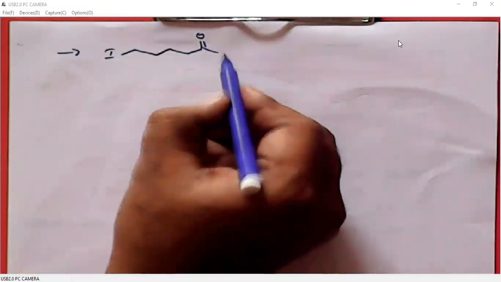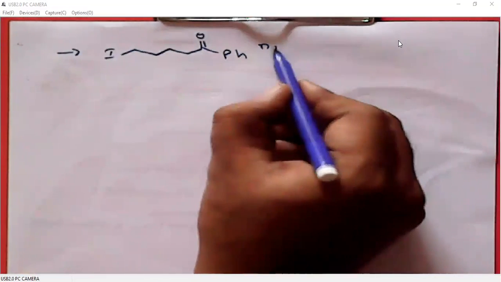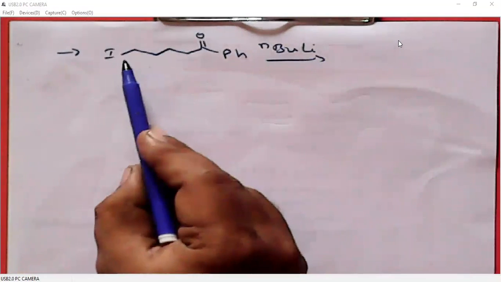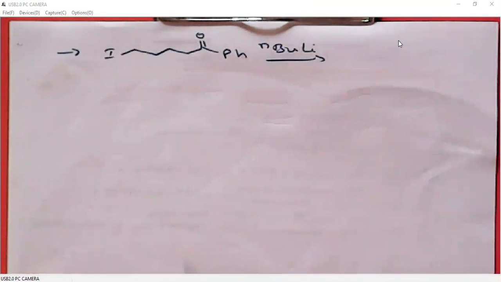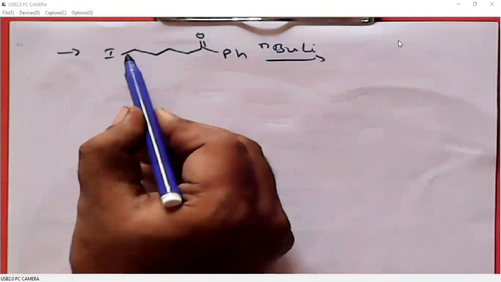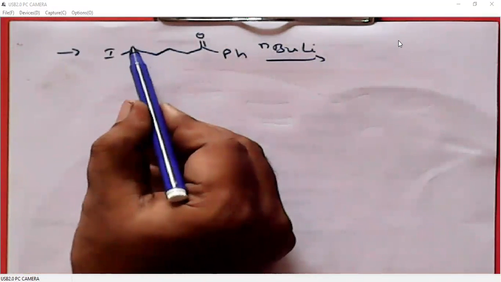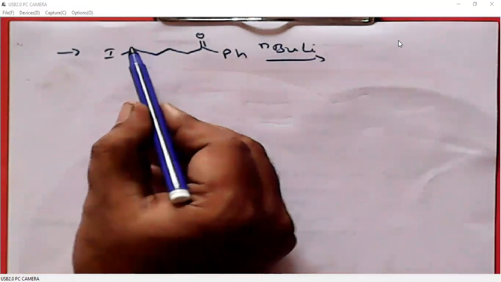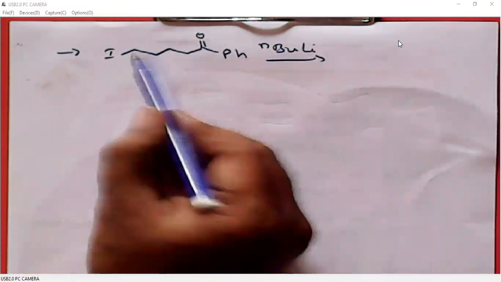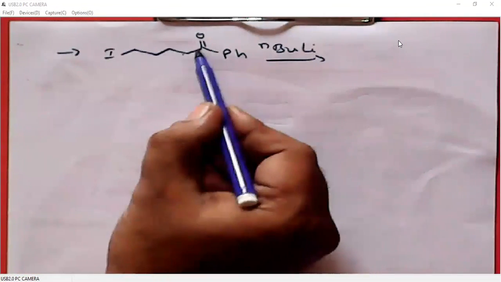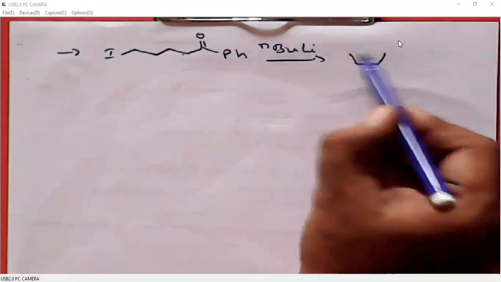In this example, when this molecule is treated with n-butyl lithium, it undergoes metal halogen exchange reaction to generate an anion here. This anion will undergo intramolecular nucleophilic addition to the carbonyl carbon. So when we count the ring size, 1, 2, 3, 4, 5. So we are generating a 5-membered ring.